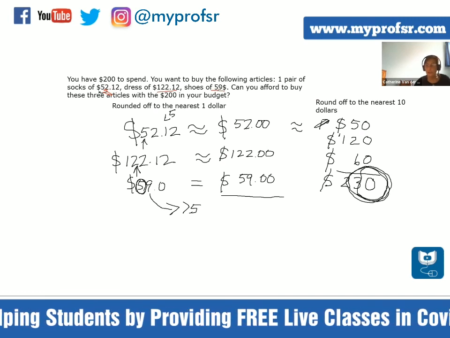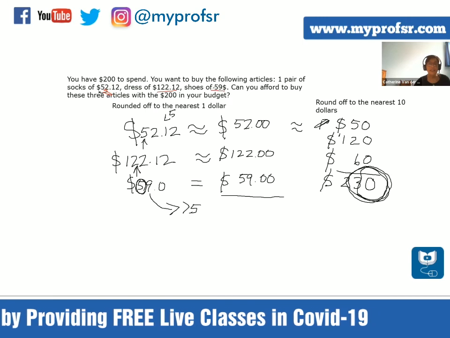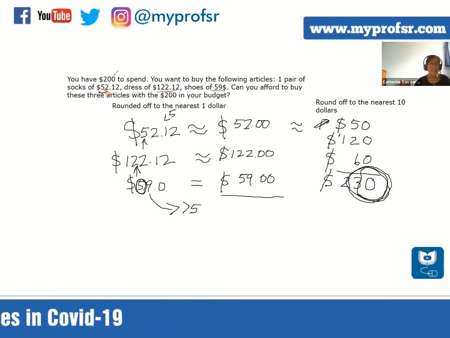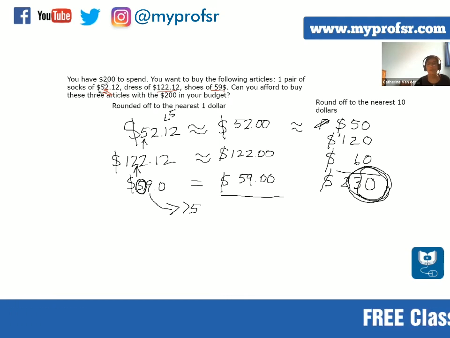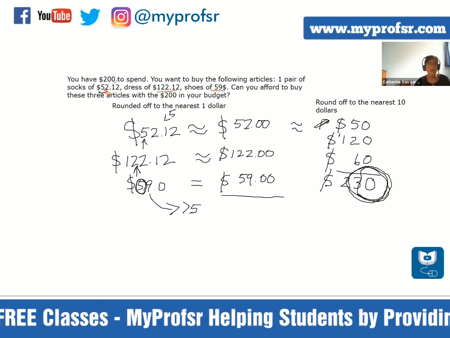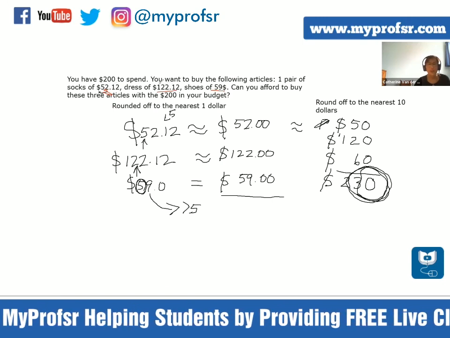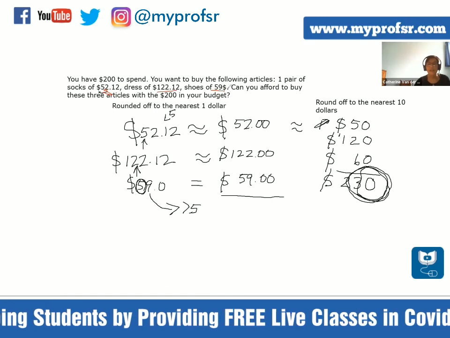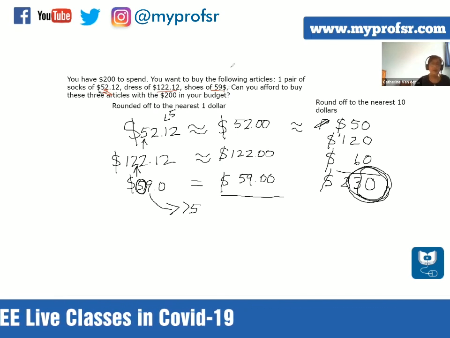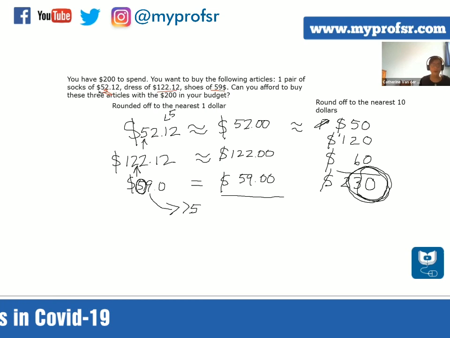Well, of course, the obvious answer is that you should put back the one which cost the least, the socks, because then you can still get as much as possible for your money's worth. So you can afford the dress and the shoes. So this example illustrated how you use rounding off to make decisions.